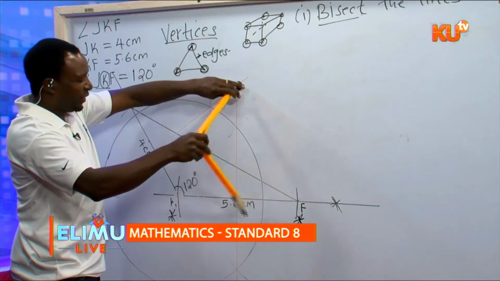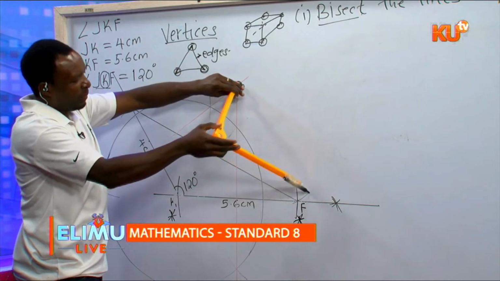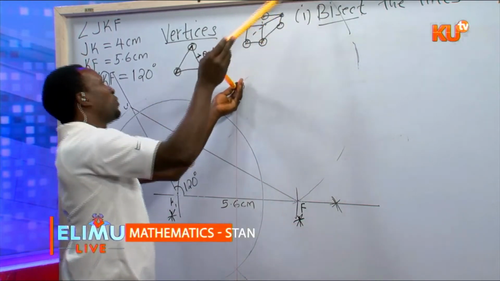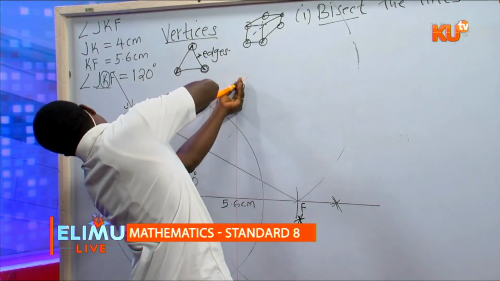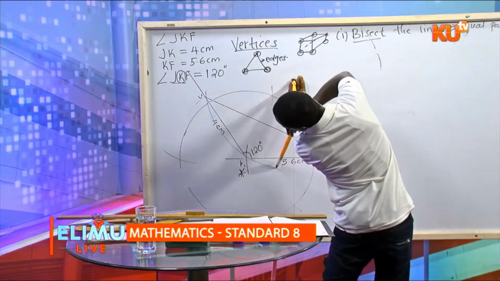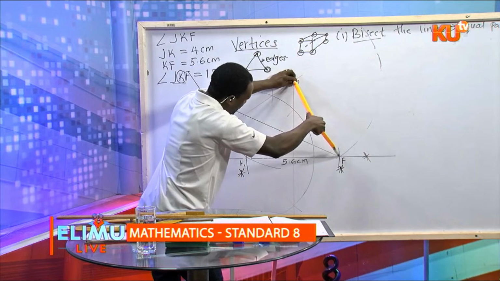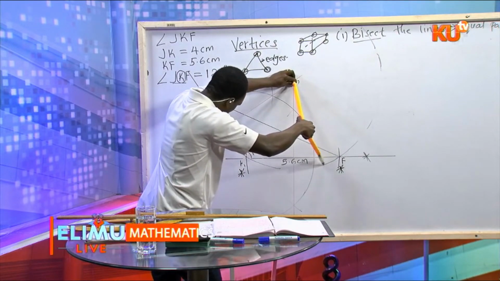And then you can draw your circle smartly, slowly. Our blackboard here is too small, so I'll just move. You can see I'm also struggling to draw this circle.